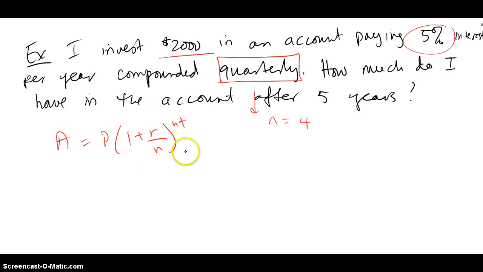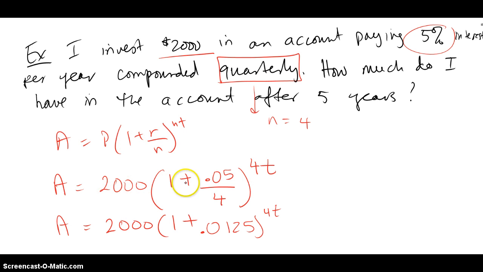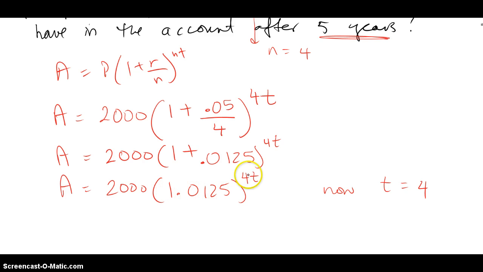So all I have to do is go plug in the appropriate information. So 2,000 is my principal, 1 plus my interest rate is 0.05. Quarterly means 4 times a year, N is equal to 4, and then NT, 4 times T. I'm going to get a model, and then I'm going to go plug in the 5 years for T. So I did the division, now we're going to combine once I get the base raised to the 4T, now I know it's 5 years later, so I plug in T for time.